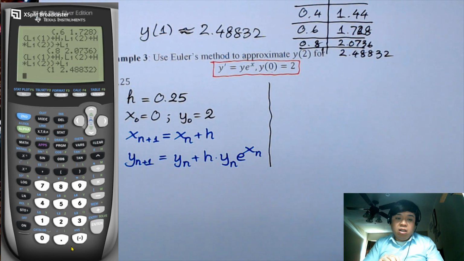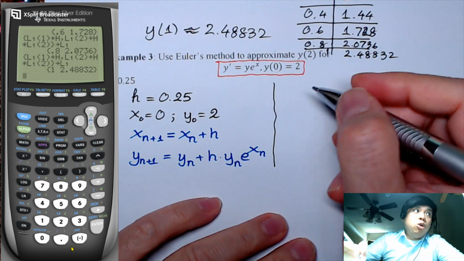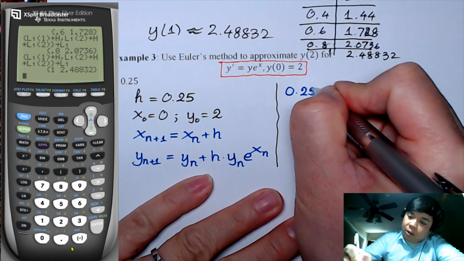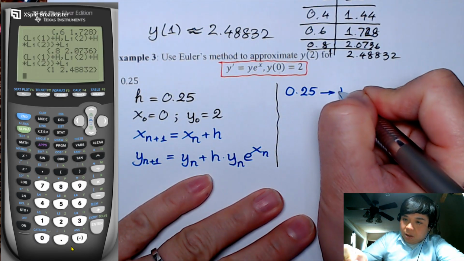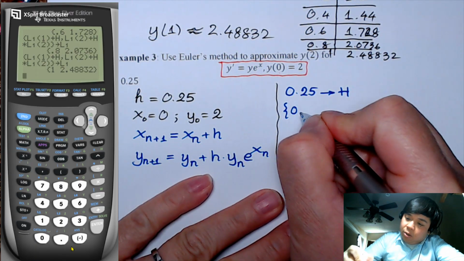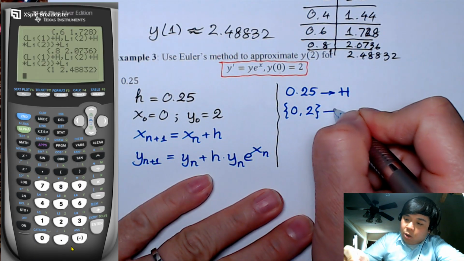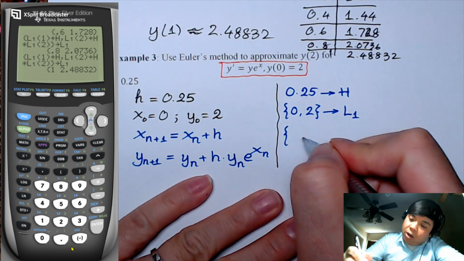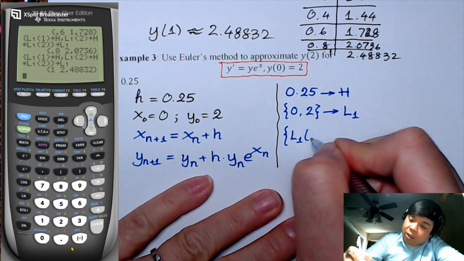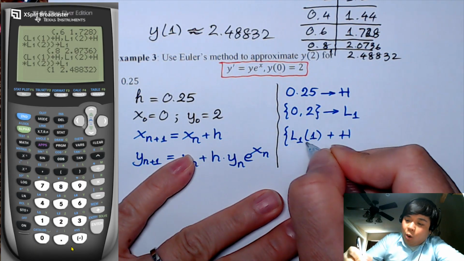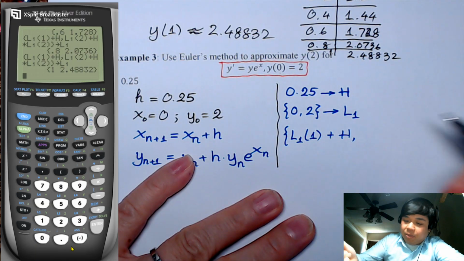I will write this: h equal to 0.25, 0.25 store into h. Initial 0, 2 store into L1. Update L1 1, which is x plus h. So old x plus h, that's the new x.